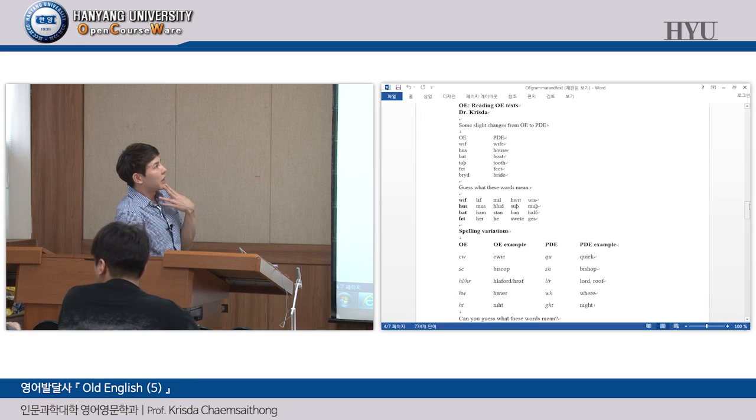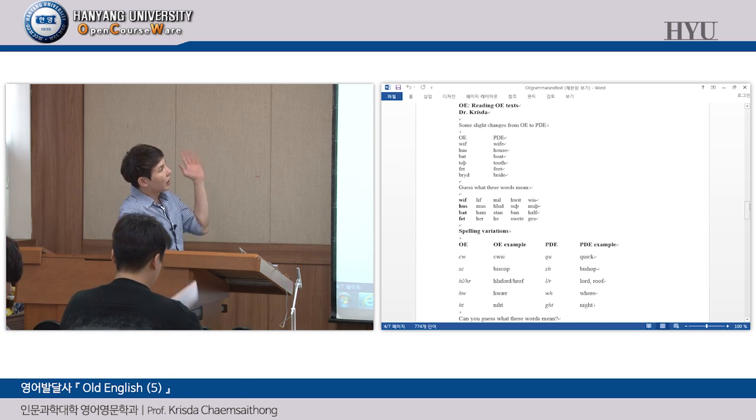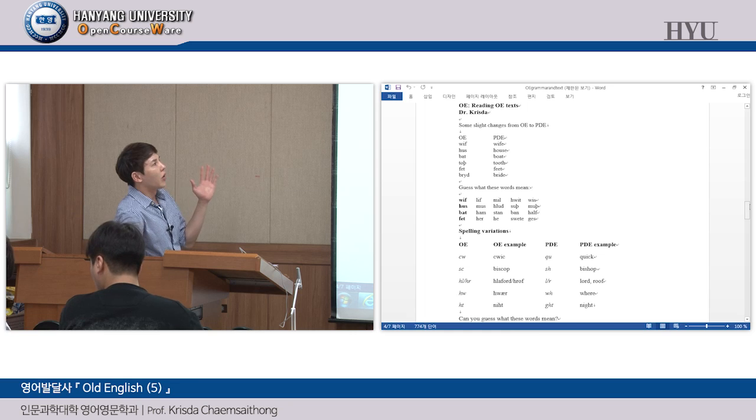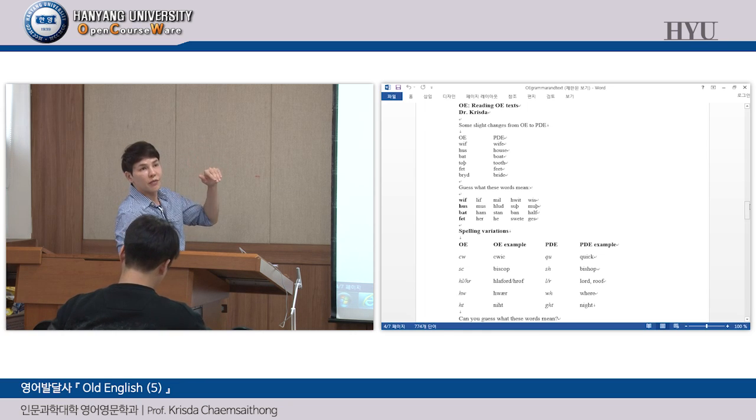For example, in the left-hand column, you have wif, hus, bat, toth, fet, and brid, right? Now, in modern English, instead of wif, you have wife. But you can see that there are a lot of similarities here.